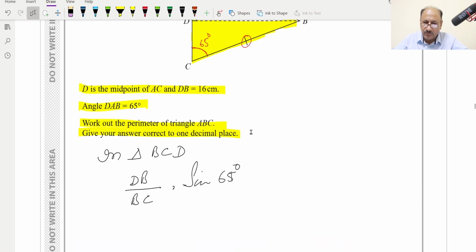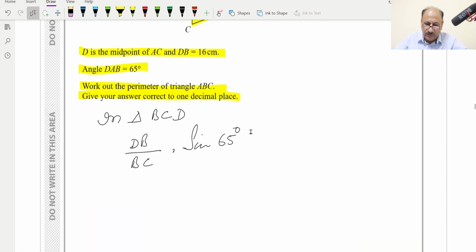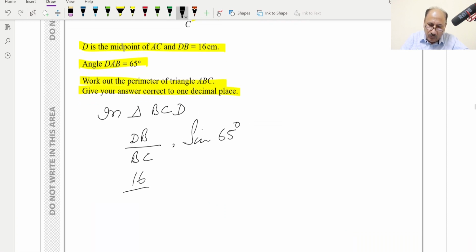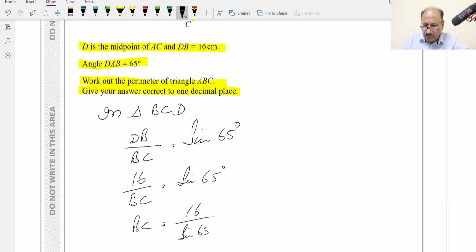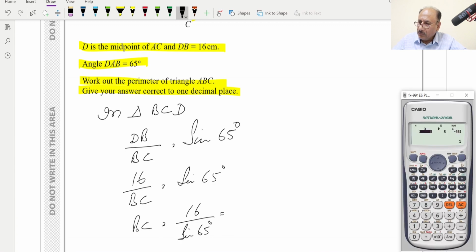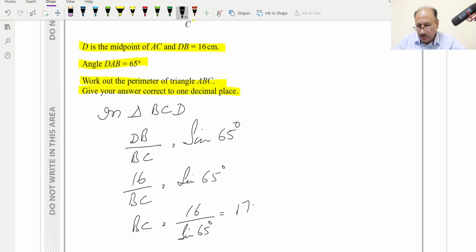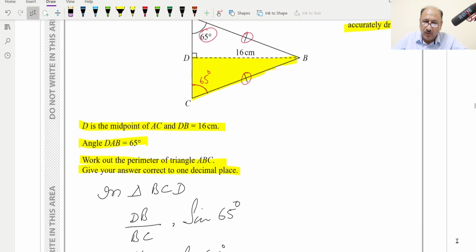BD we know is 16, so 16 over BC is equal to sine of 65 degrees, and BC will be equal to 16 over sine of 65 degrees. We can calculate this in mode 1. So 16 over sine of 65 will be equal to 17.654. So we got one length.